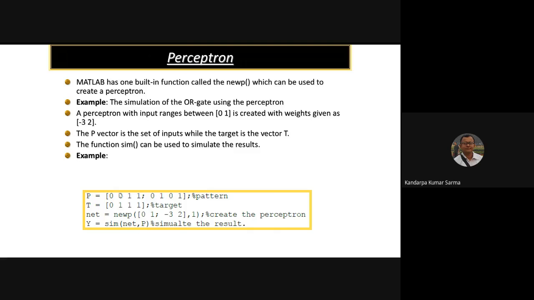Now if we write like this, we will not get the correct result, because this newp will be creating a perceptron structure that will be stored in the net variable. Now this net variable holds the perceptron, but it is not in a trained state.